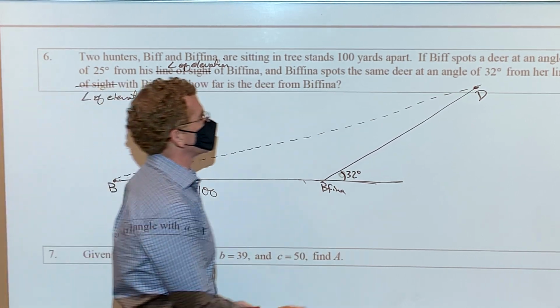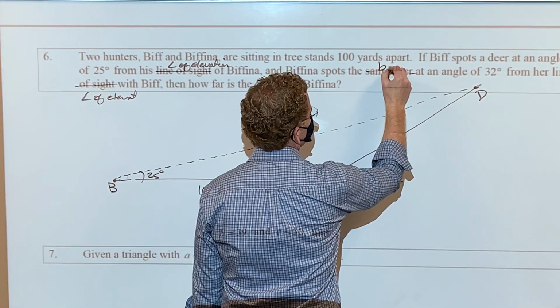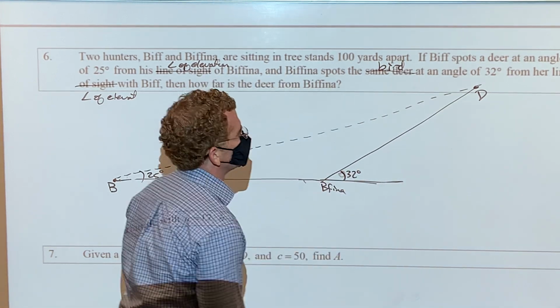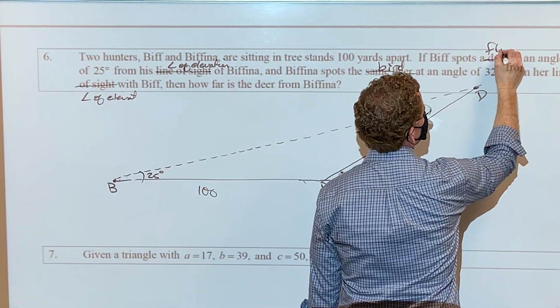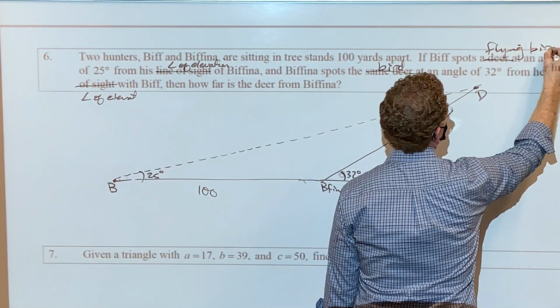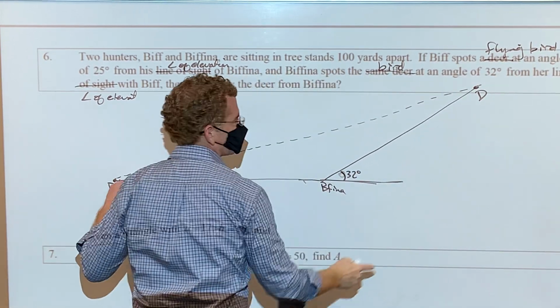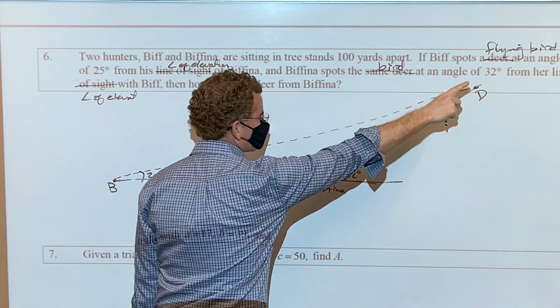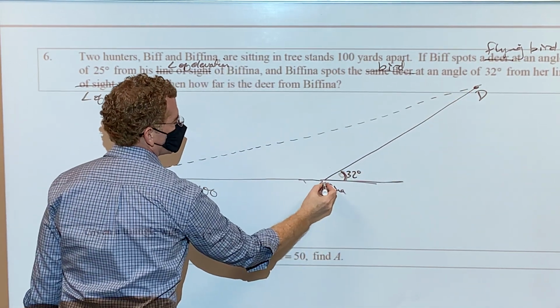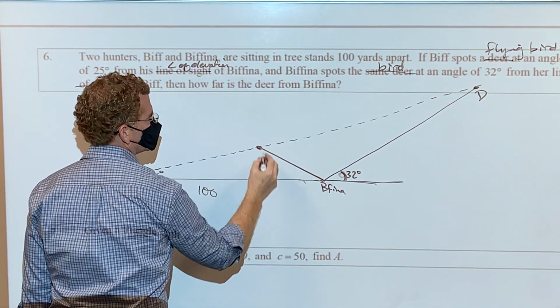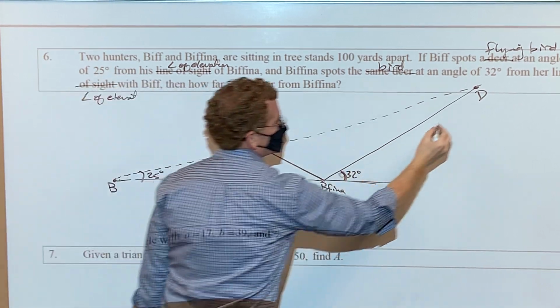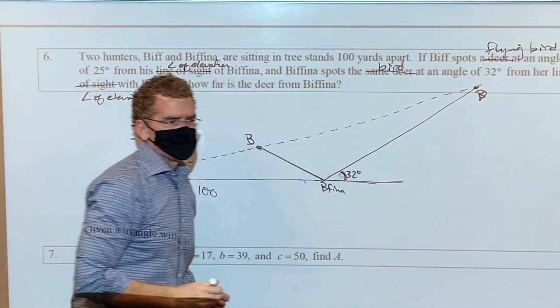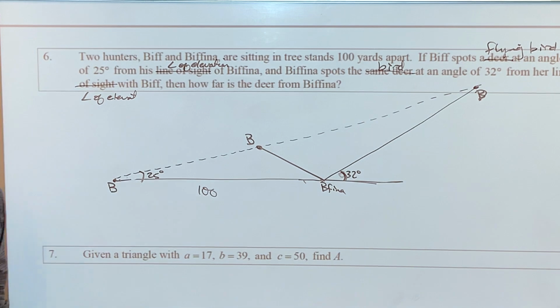But let's just say I said I spot a bird flying. So what if I spot a flying bird? Well, I could spot a flying bird with an angle of elevation of 32 and 25, and it could look like that, or it could look like that, couldn't it? Are y'all seeing that? Yes, no? So technically, I could have had two images there.